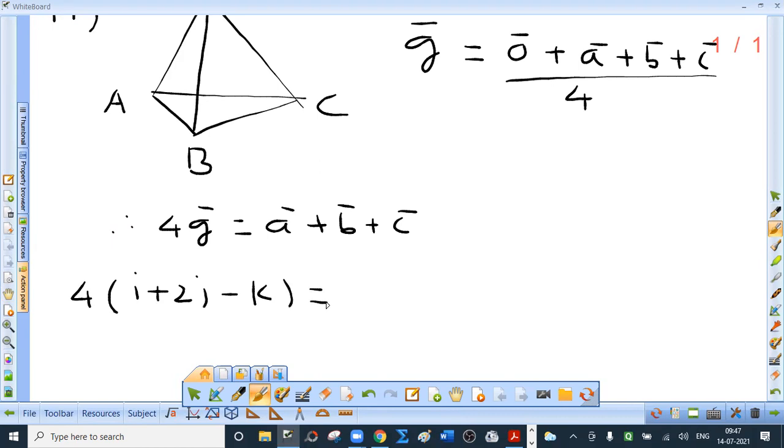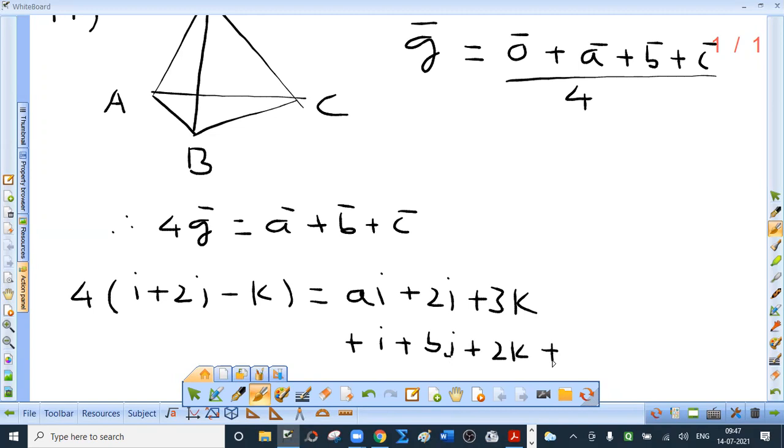What is A bar? A bar is a i cap, see, coordinates are given, plus 2j cap plus 3k cap, plus i cap plus b j cap plus 2k cap.